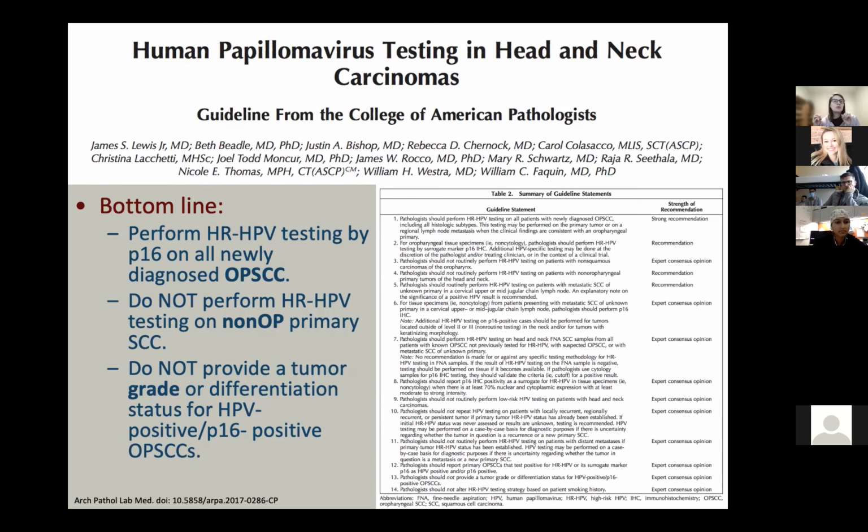Like, we don't really know how HPV cancers outside of the oropharynx function. We know that they exist. There are examples of oral cavity HPV cancers, but there's so few of them that they certainly won't undergo any clinical trials, and they will likely not undergo any de-intensified treatment because we don't know how they're going to behave. And so exactly, we don't even do it because it's not going to change clinical management.